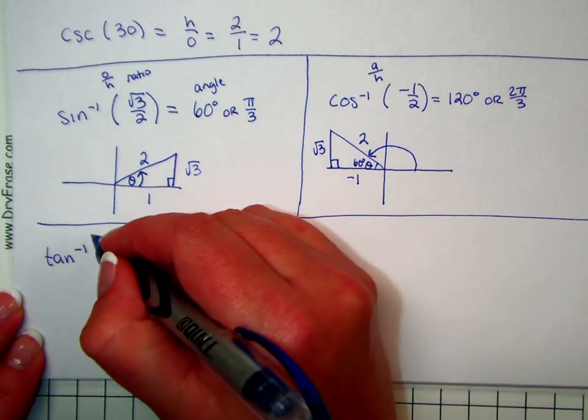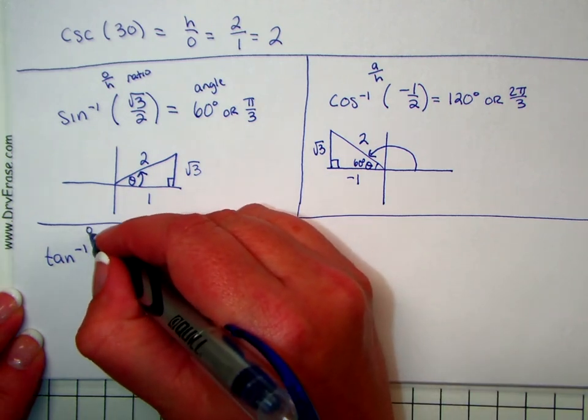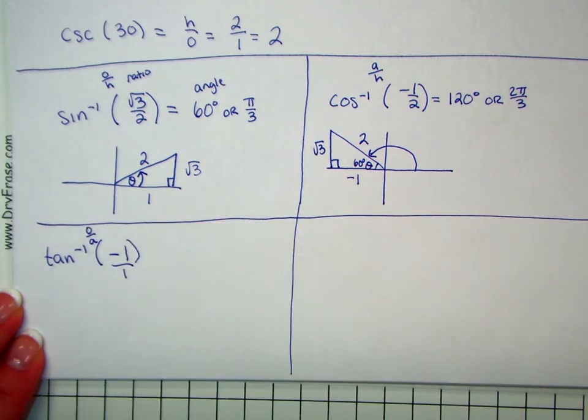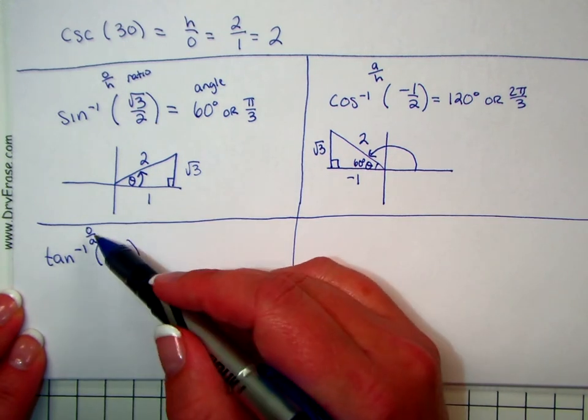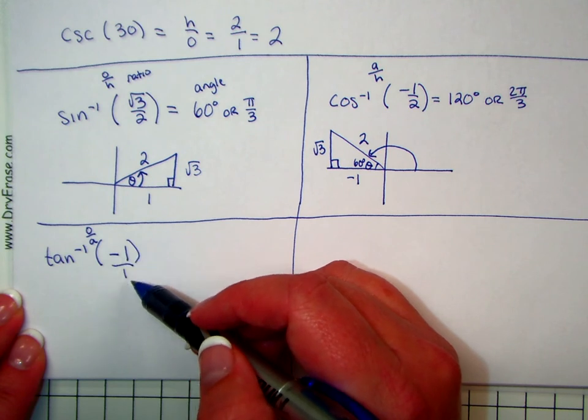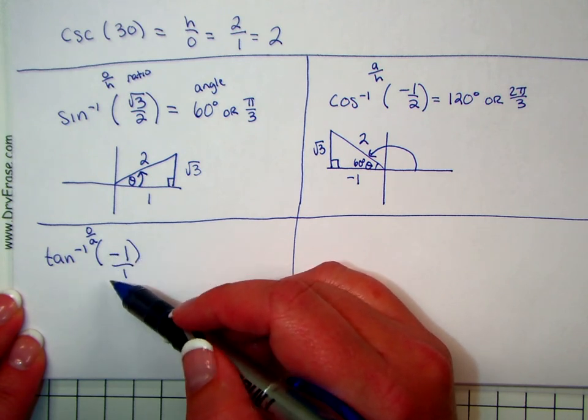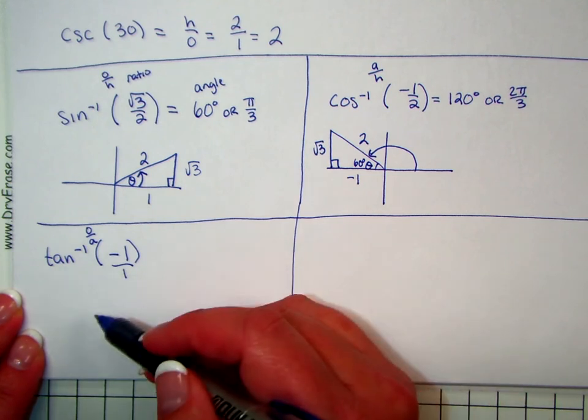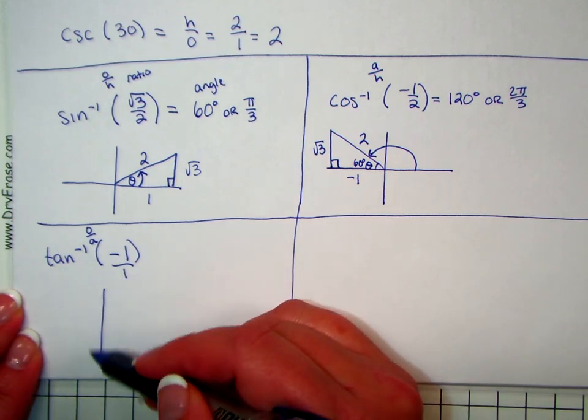Okay, and so the tangent ratio is opposite over adjacent, right? TOA. And so when I label these, the opposite is going to be -1, and the adjacent side is going to be 1. Or the negative could flip down to the bottom.